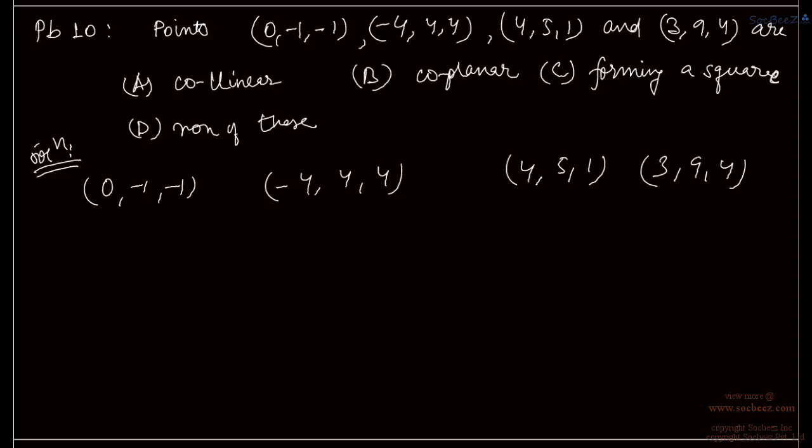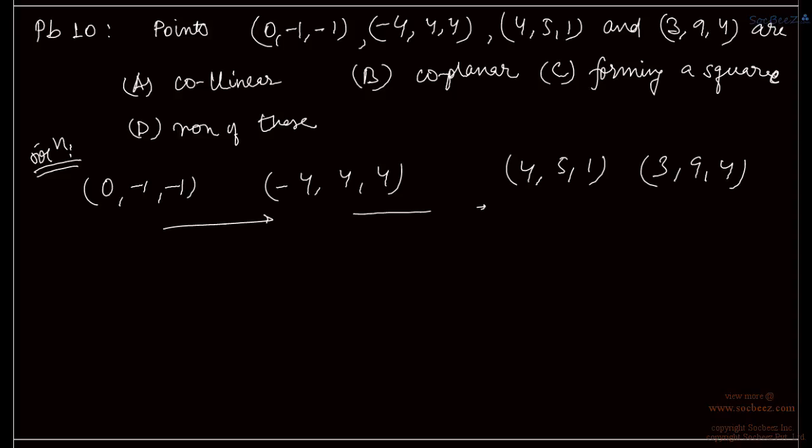Say if these points are collinear. Collinear means they lie on a straight line. That means if we form any vectors from these points, all three vectors must be dependent, right?